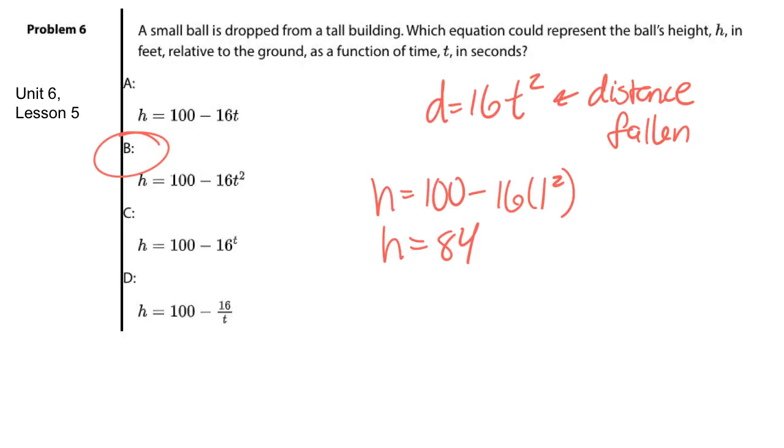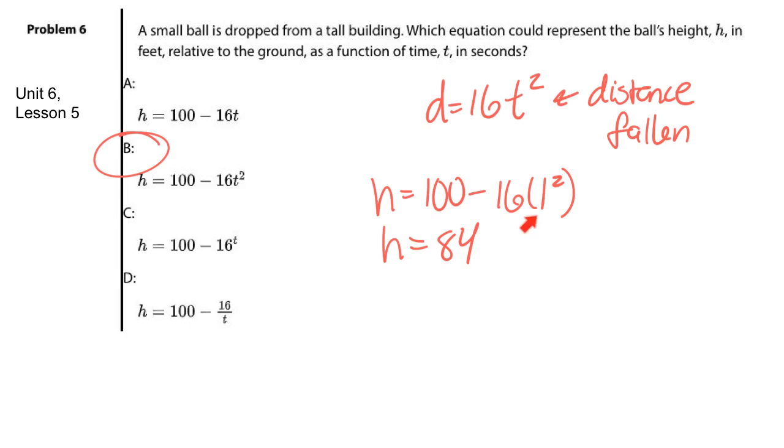And number 6, in this one, B is going to be the correct answer, and here's why. That 16t squared that we saw in the lesson is going to give you the distance that something has fallen. But if we're starting at 100 feet and it's falling, and we want our function to show us the height off of the ground, well, we're going to subtract off how far it's fallen.